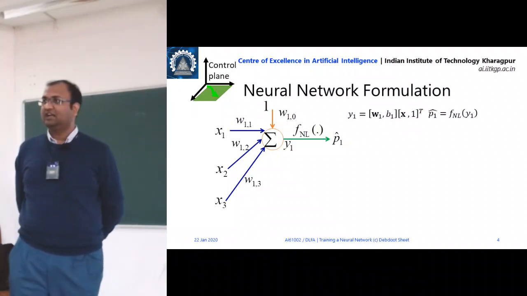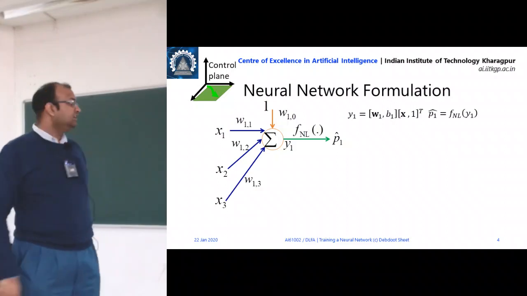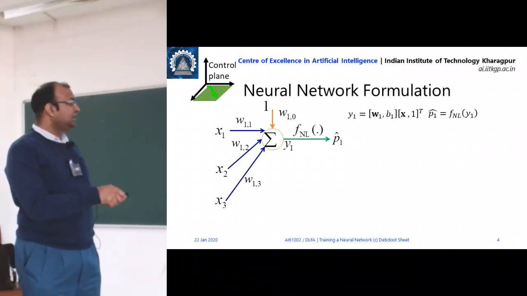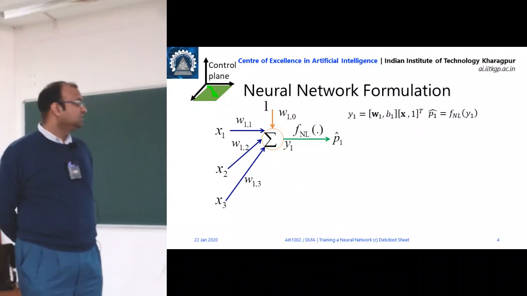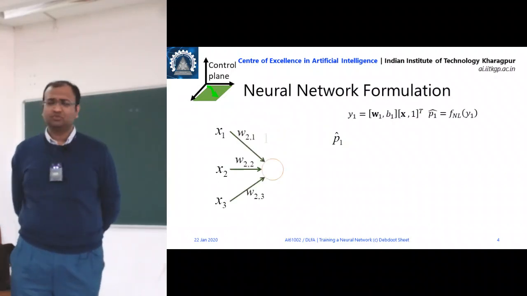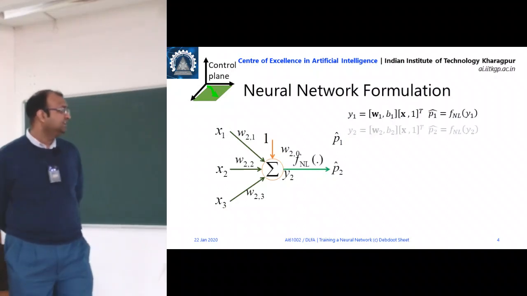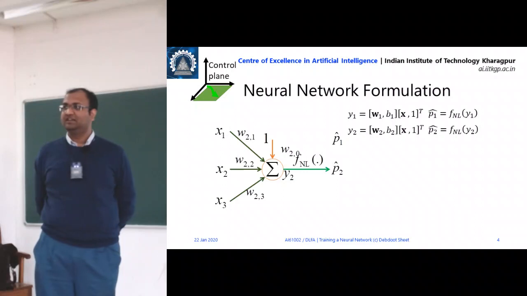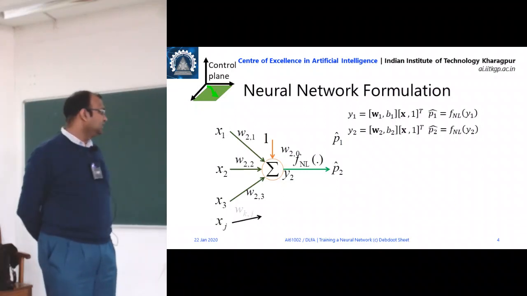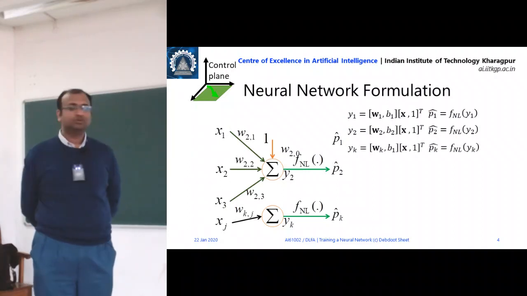So it's a target comma source kind of nomenclature, and this whole thing can be written down as one simple linear equation. You can similarly have another neuron that gives you another predictor, called p2 hat, which can also be similarly written down. You keep continuing like this up to the kth neuron, and accordingly you get the output coming from there as well. Okay.